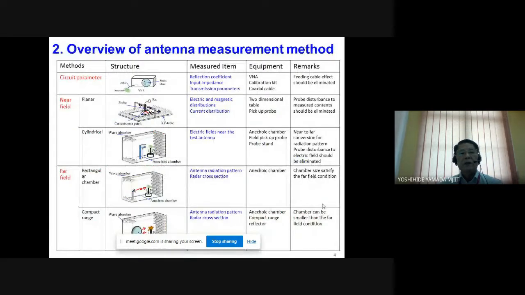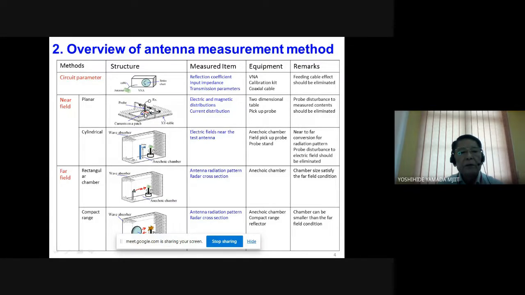So next is the overview of antenna measurement method. So circuit parameter measurement, input impedance, reflection coefficient, and transmission parameters that can be achieved by vector network analyzer. And near field measurement, this is very convenient by using a planar measurement setup.